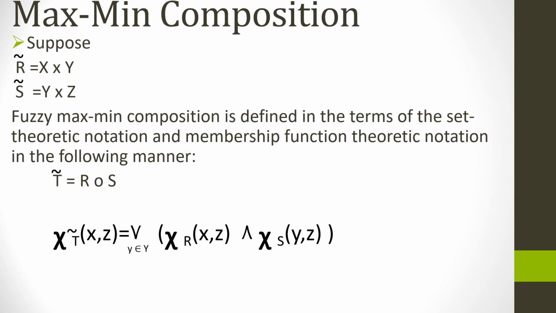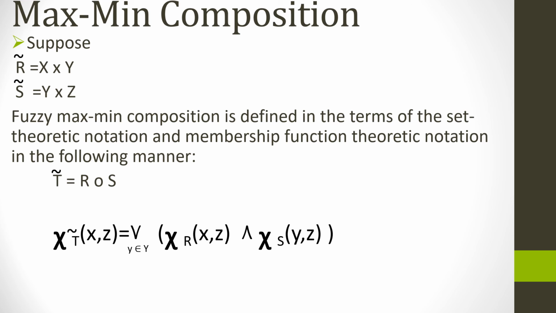The next topic is max-min composition. Suppose two relations are given, R and S. R is defined on the Cartesian product of x and y, and S is defined on the Cartesian product of y and z. Fuzzy max-min composition is defined in terms of set theoretic notation and membership function theoretic notation in the following manner.